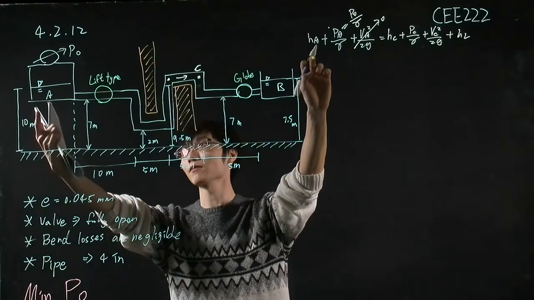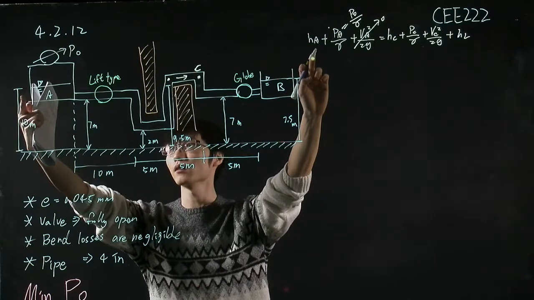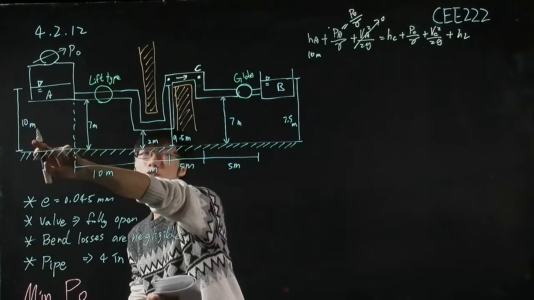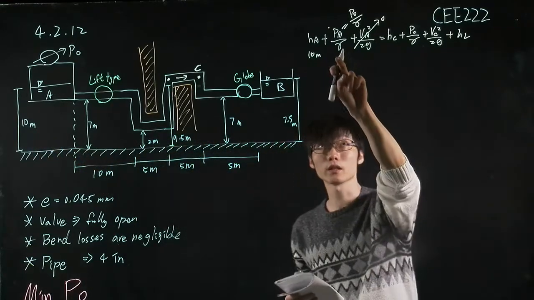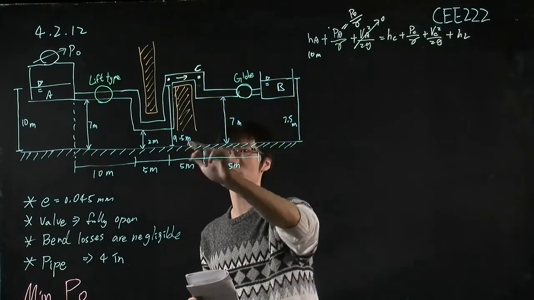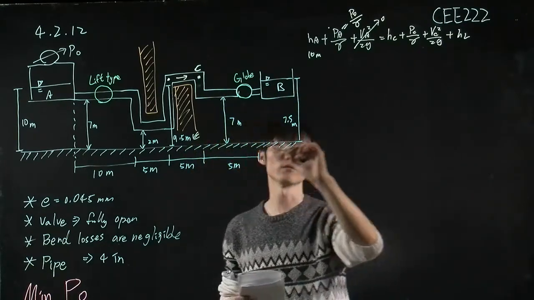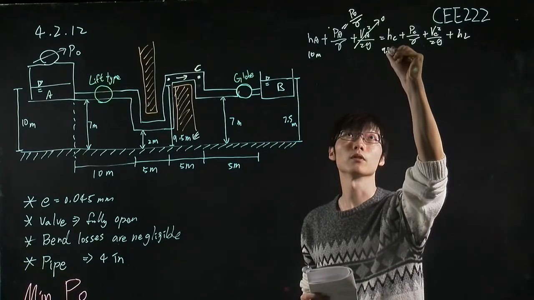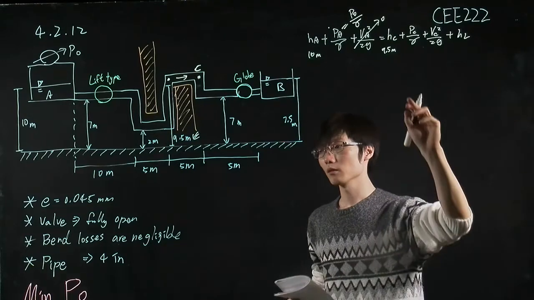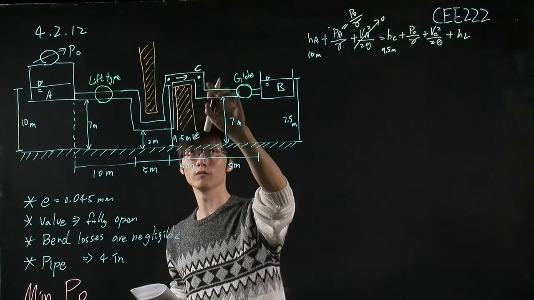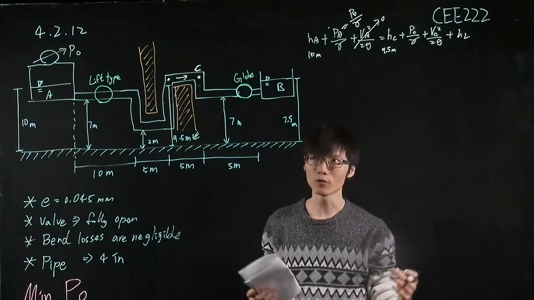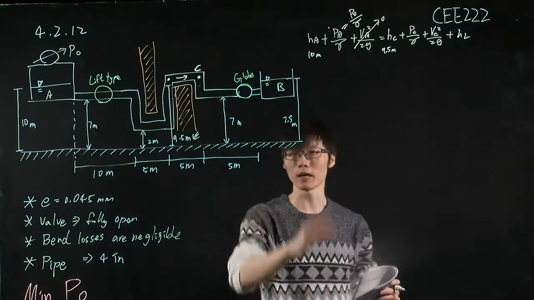So the height of point A is equal to 10 meters. We know that from the problem that I show here. This is the term that we are trying to solve. And we also know the height for point C, which is equal to 9.5 meters. Okay. Because we want to ensure, we assume that point C will have the lowest pressure in this pipeline.